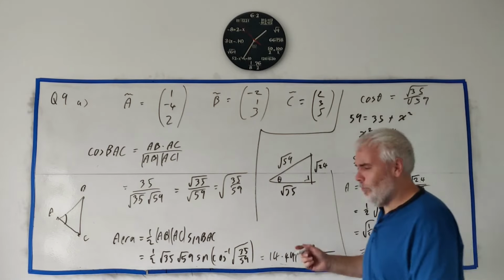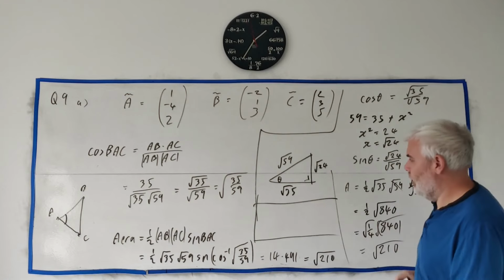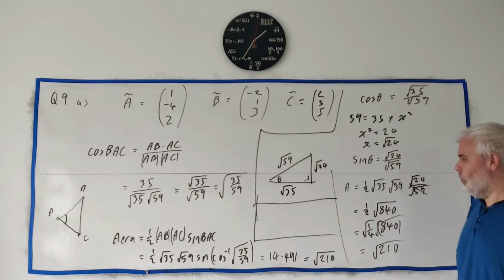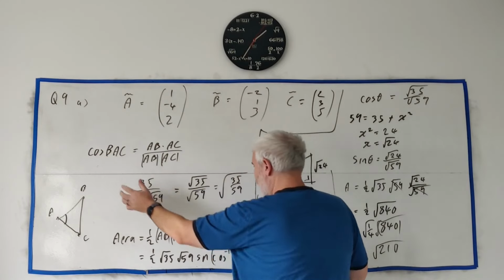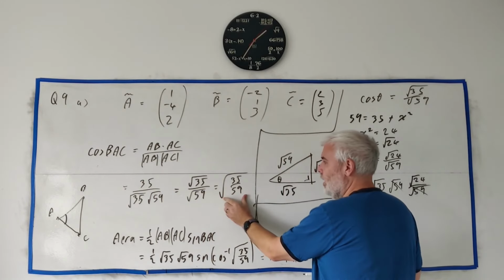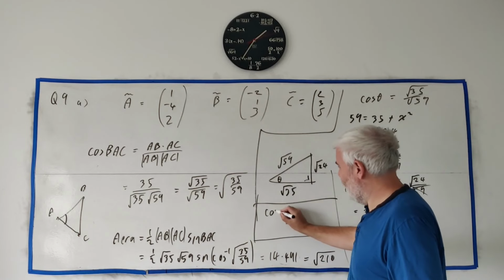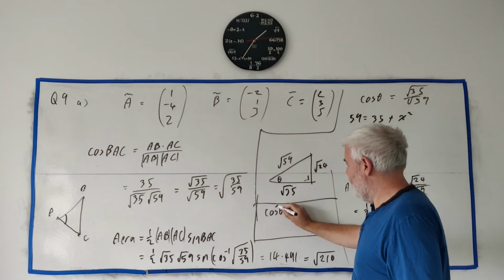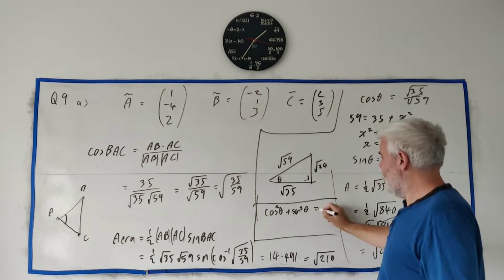Sorry, one other way. I'm not going to do it, so I'll just squeeze in the formula I'm going to talk about here. Another way to do it, you needed to get from cosine. Where do we have cosine? This was the cosine. You need to get from cosine to sine. Well, we have a formula where cosine squared plus sine squared is equal to 1.